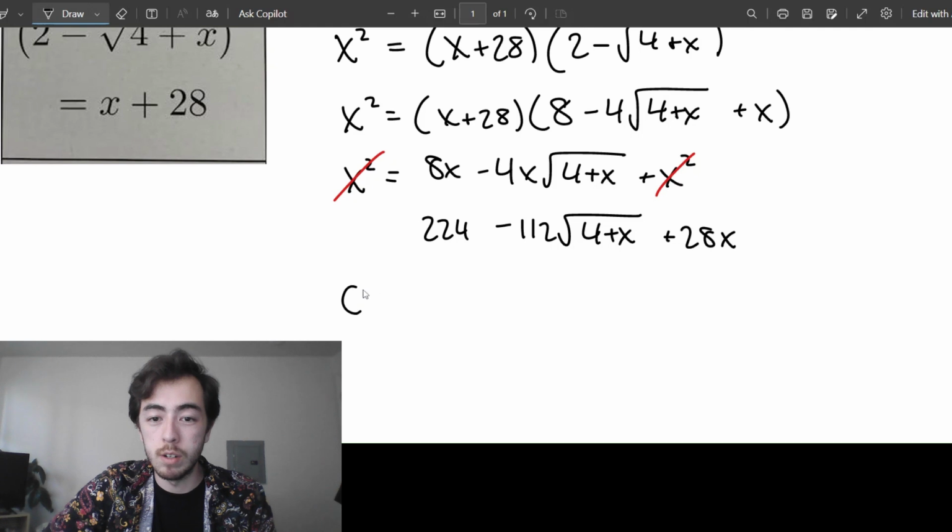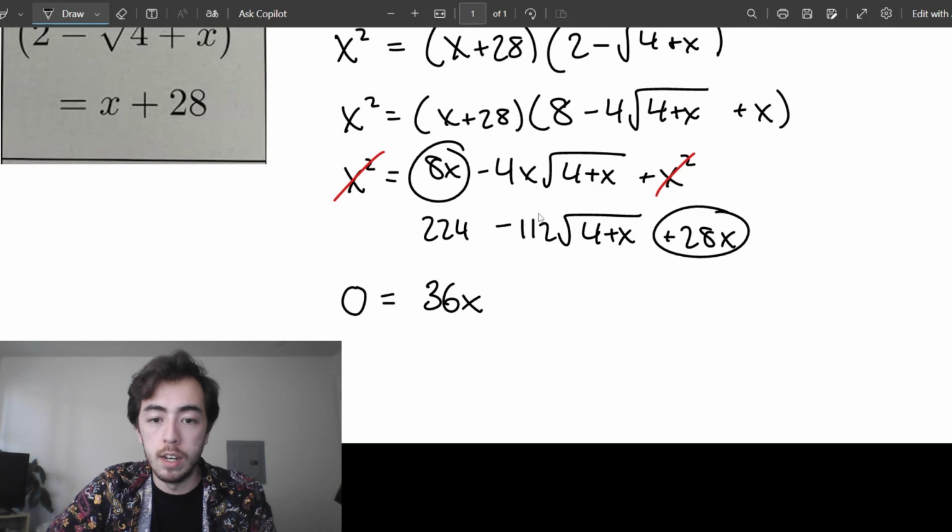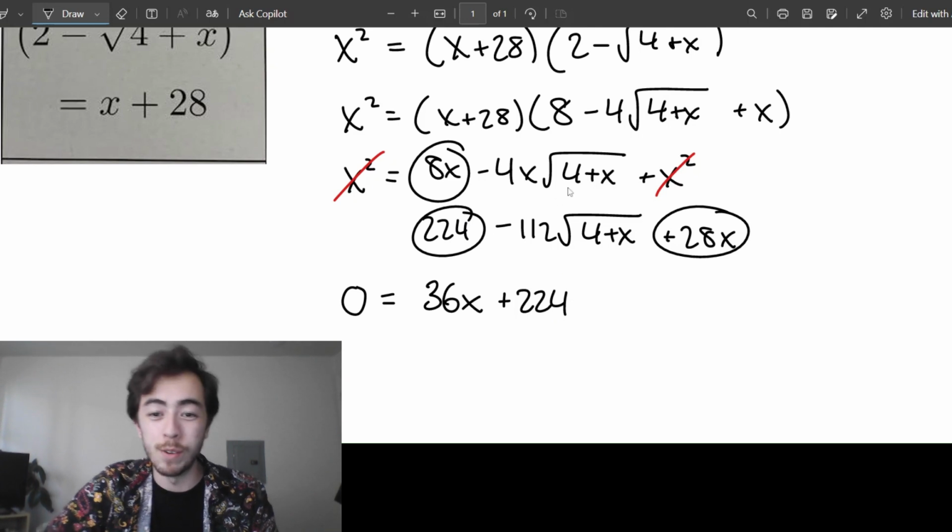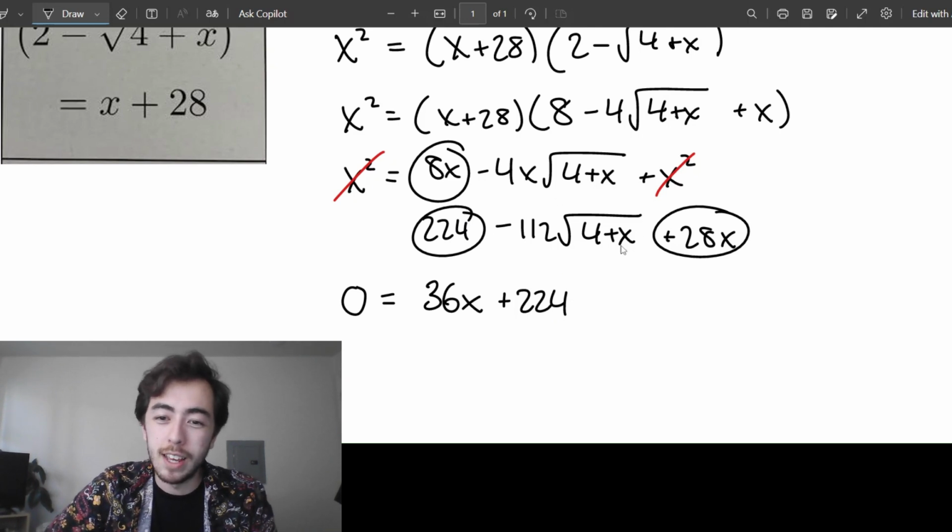So I'll get 0 equals, and then let's collect some like terms. We can combine the 28 and the 8 to get 36x. That's this one and this one. Maybe I'll tack on that plus 224 because I just don't want to deal with that square root term yet. And maybe let's merge them together again, right?